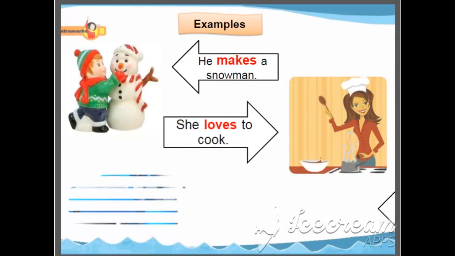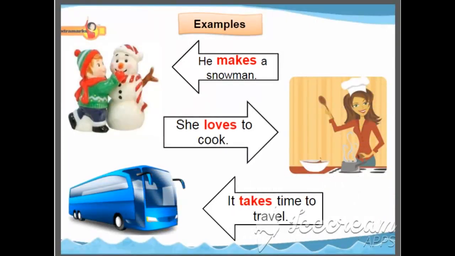She loves to cook. It takes time to travel. The form of the verb make, love, and take changes by adding s or es to change the verb to makes, loves, and takes, when the subject is the third person, he, she, or it.